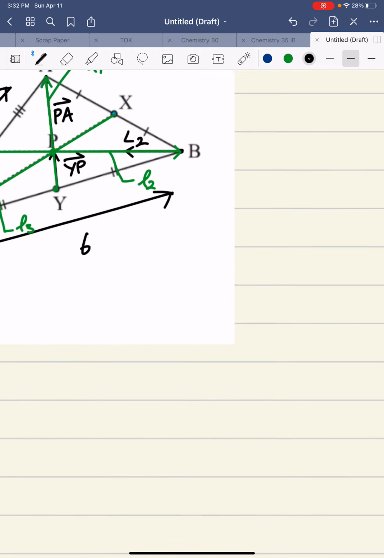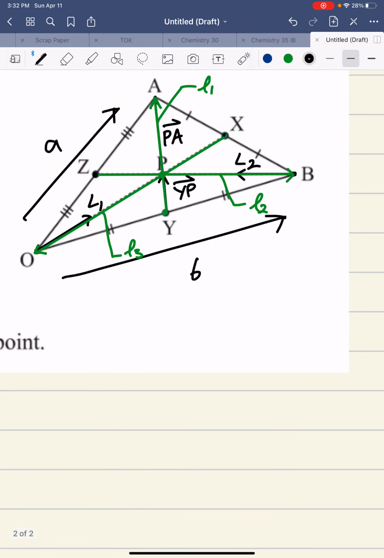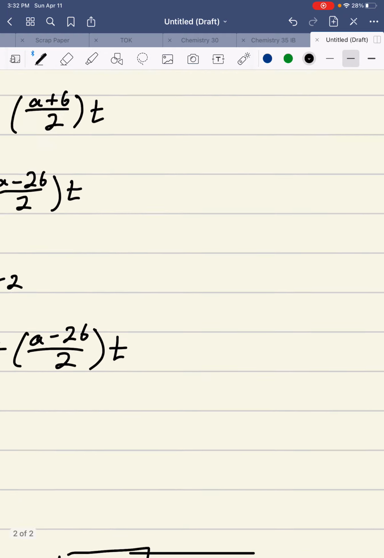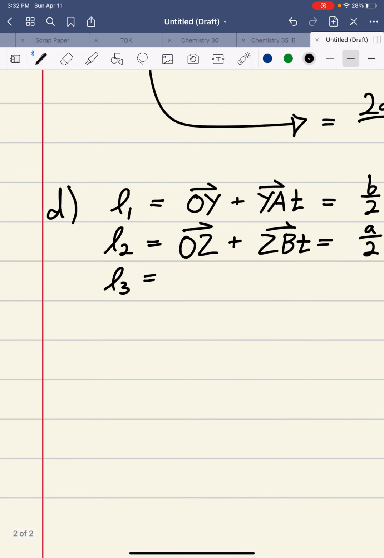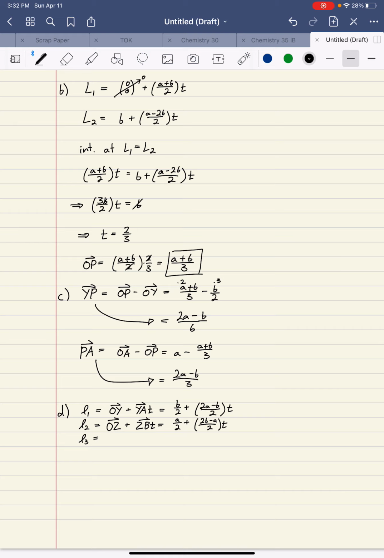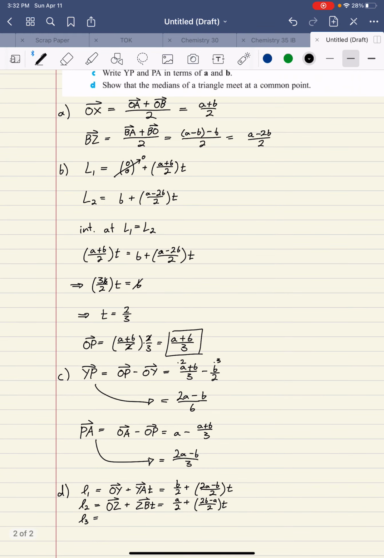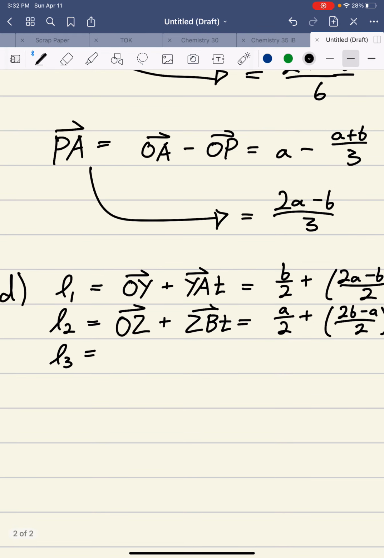Okay, so finally, line 3. If we look at line 3 right here, that's the position vector for X, so OX, in the direction of XO. So that would just be OX plus XO times t. We know that OX is just a plus b over 2, and we're taking the negative of OX, which is XO.